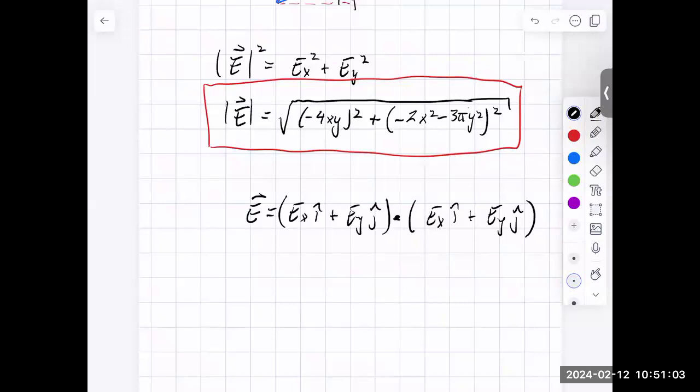So it's only i hat dot i hat that survives. And so it's going to be Ex squared i hat dotted with i hat plus Ey squared j hat dotted with j hat. But these are both 1. And then you get Ex squared plus Ey squared, exactly what we did.